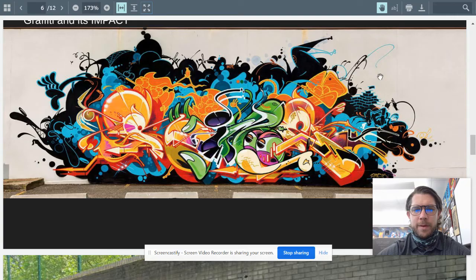So here's an example of somebody that probably had a graffiti artist commission this artwork, which is really cool if you think about it. What they did was they hired an artist and they sat down with that artist and decided that they want a graffiti mural on the side of their building. Now, why would they do this?